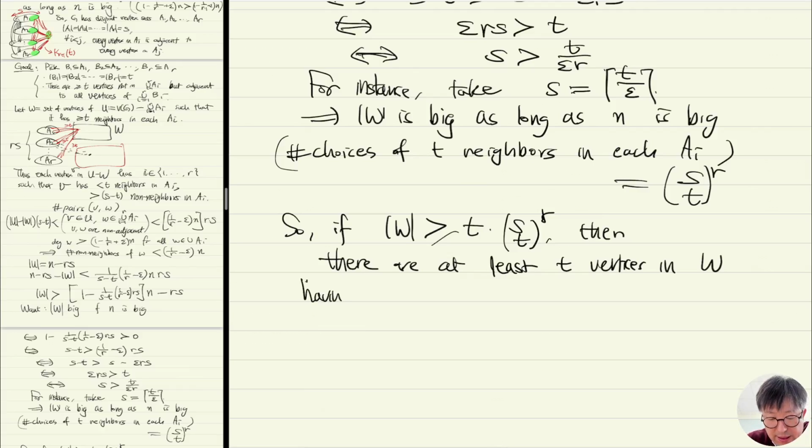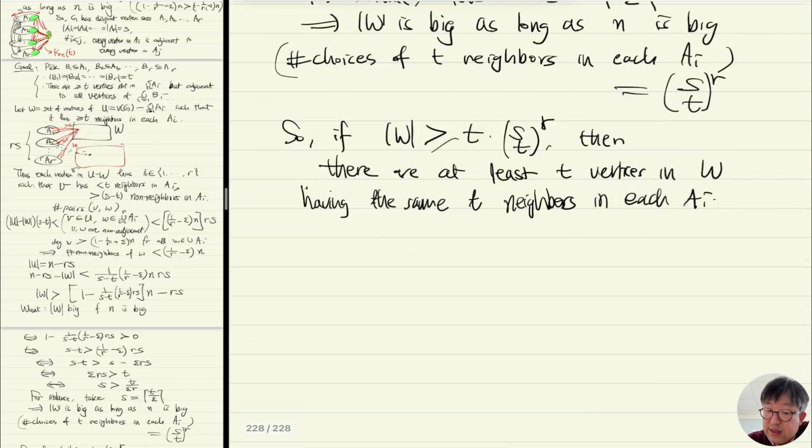then there are at least T vertices in W having the same T neighbors in each A_i, right? So that implies that you have B1 up to BR.